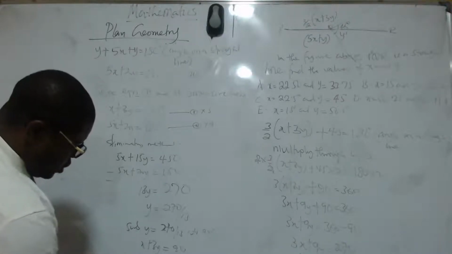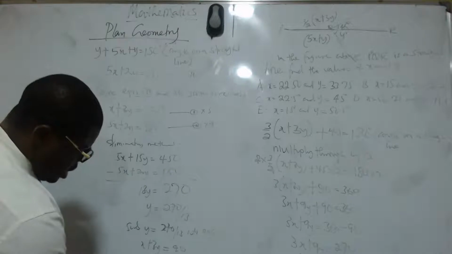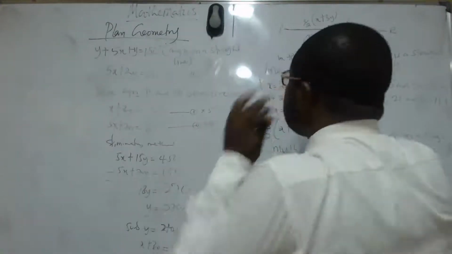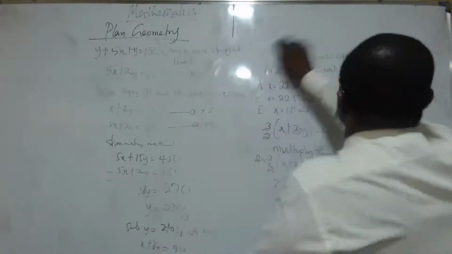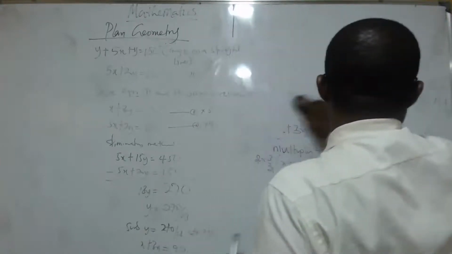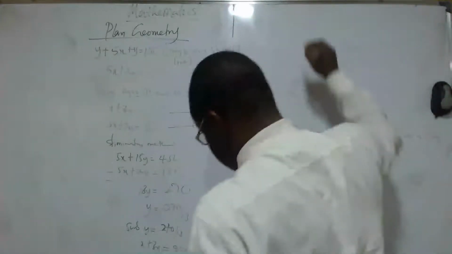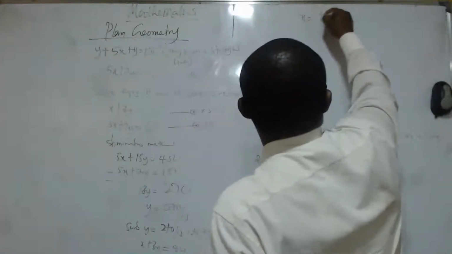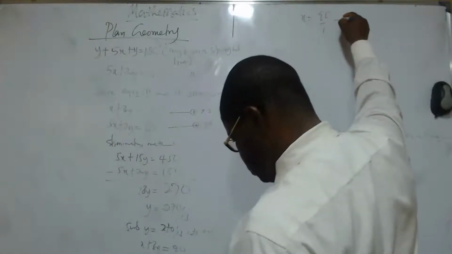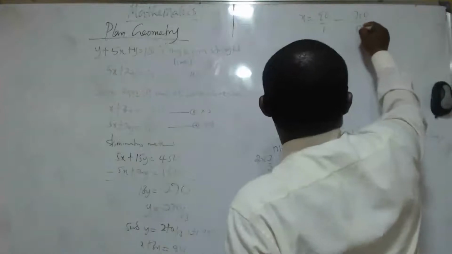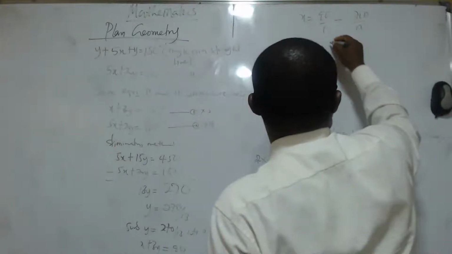So X now will give us 90 over 1 minus 710 over 13. Our LCM is 13.